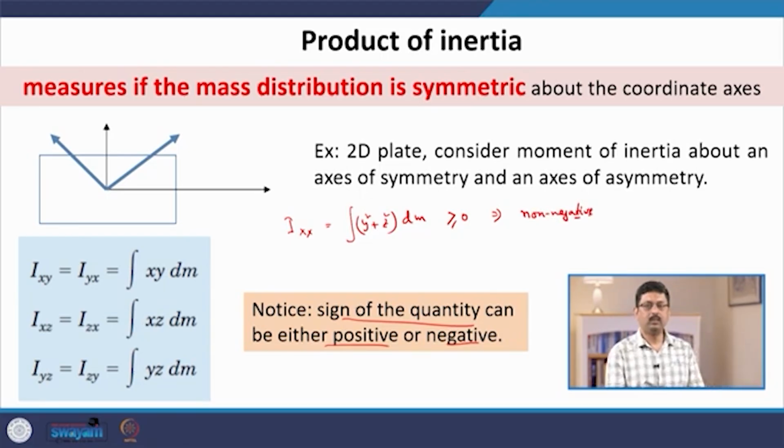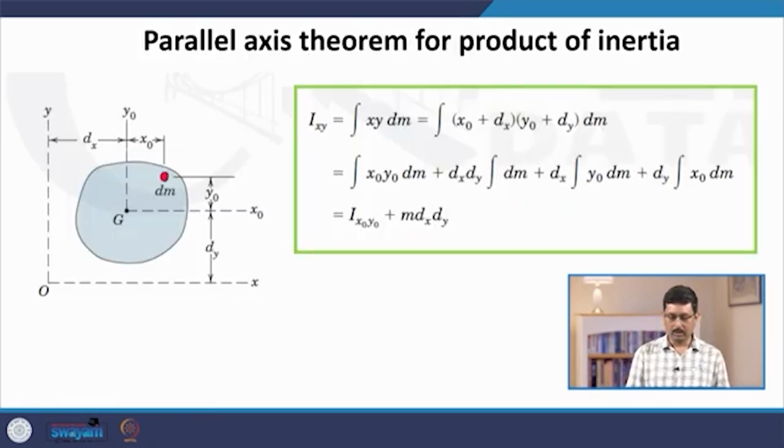Whereas in this combination we have mixed coordinates: each term there has only one coordinate, but here each term has a combination of x and y. So, this is a product of inertia.